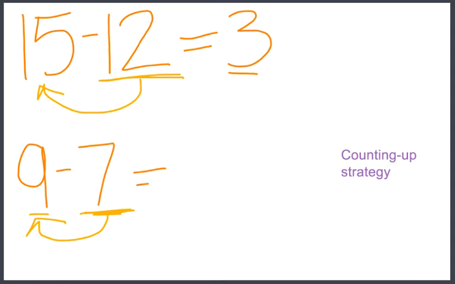The difference is 2. 9 minus 7 equals 2. You can count backwards 7, but it is much easier to count up 2 than count back 7 when the numbers are so close together. That is why I like the counting up strategy.